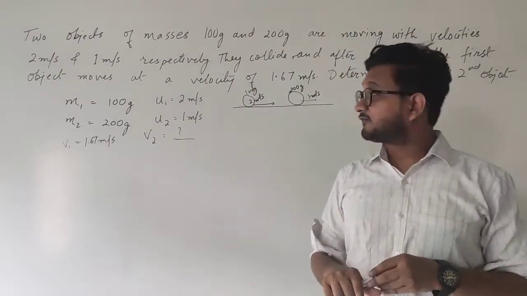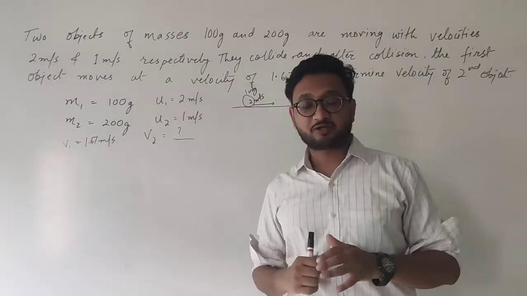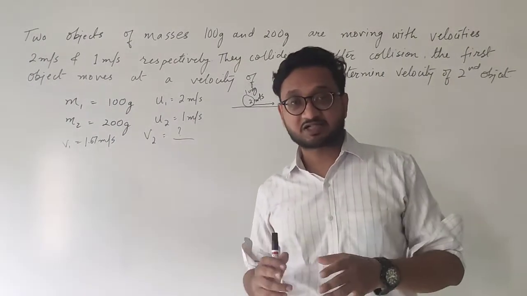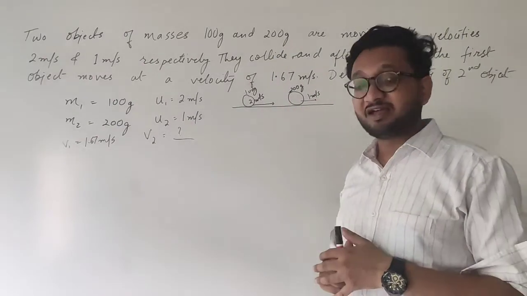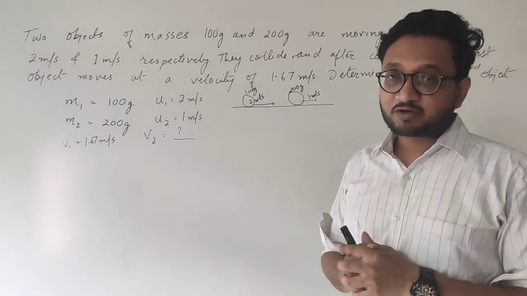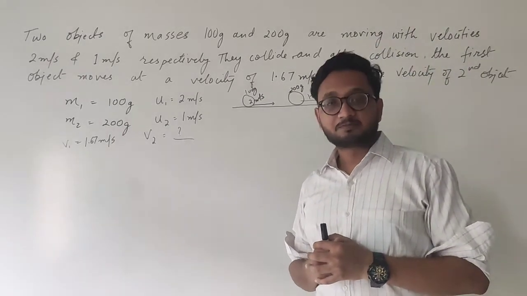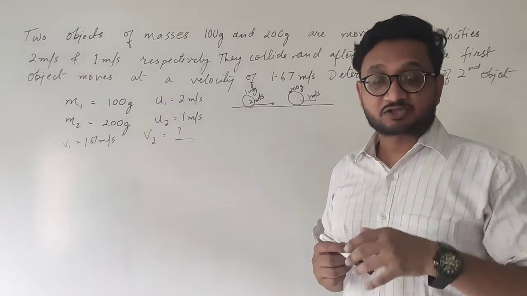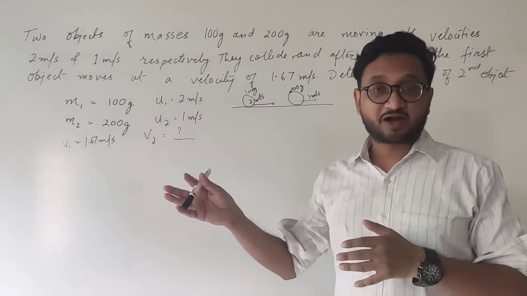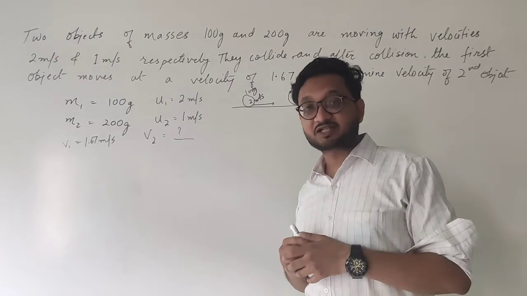Now obviously after the striking, the masses are not going to change, they remain the same. That is why the masses are not given, only the velocities are given. So no need to panic, and we are going to use the formula for law of conservation of momentum. Similarly, what we did when we solved the example for the bullet and the gun, that when it is fired we get the jerk at the back side.